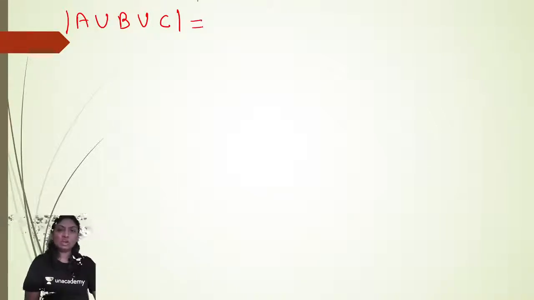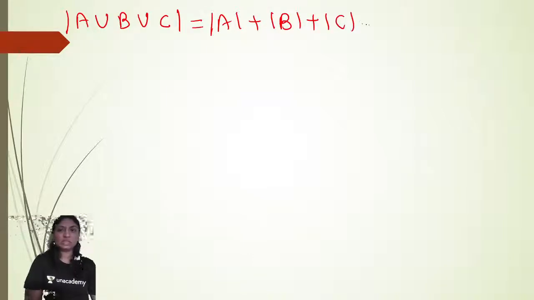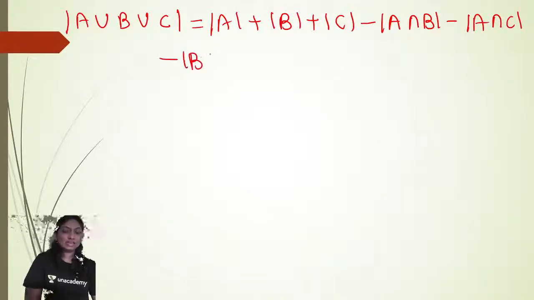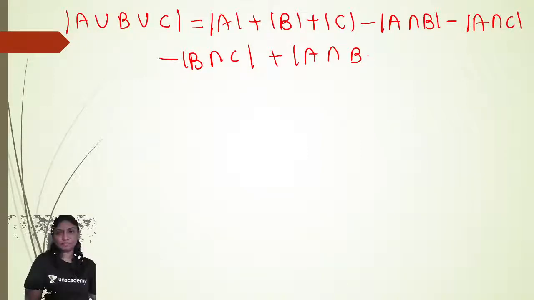By the principle of inclusion and exclusion, it is cardinality of A plus cardinality of B plus cardinality of C minus cardinality of A intersection B minus cardinality of A intersection C minus cardinality of B intersection C plus cardinality of A intersection B intersection C.